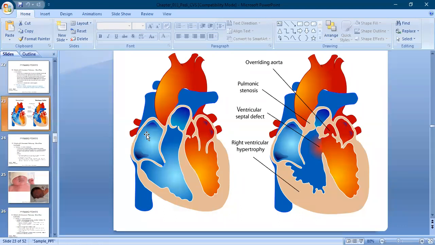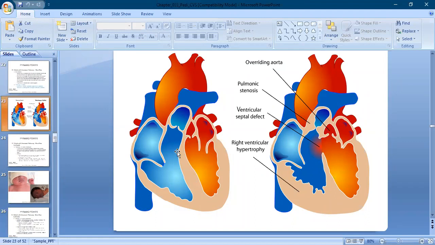So right atria and right ventricle communicate through the opening or valve, and this valve is called the right ventricular valve, and this is the interventricular septa. They divide the two ventricles. There's no communication at all.